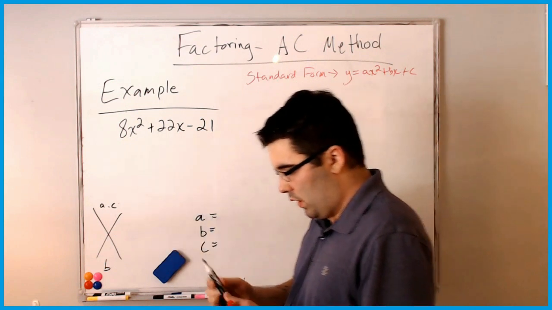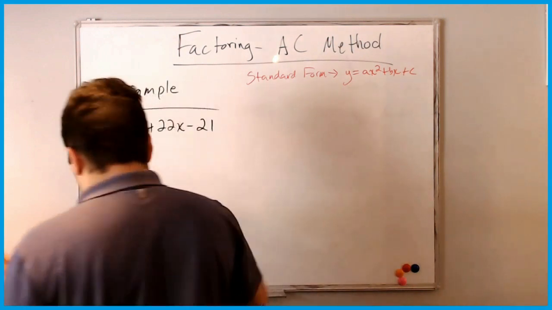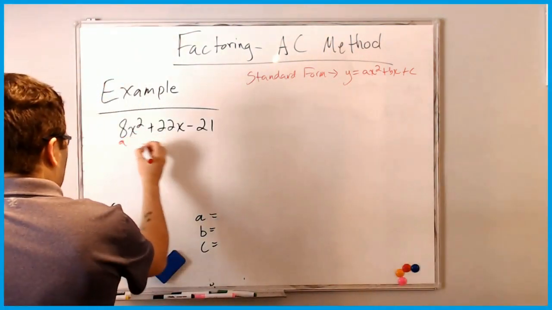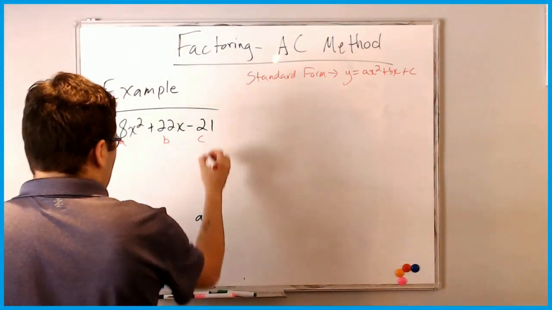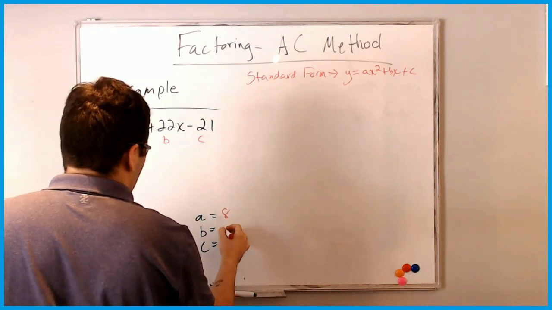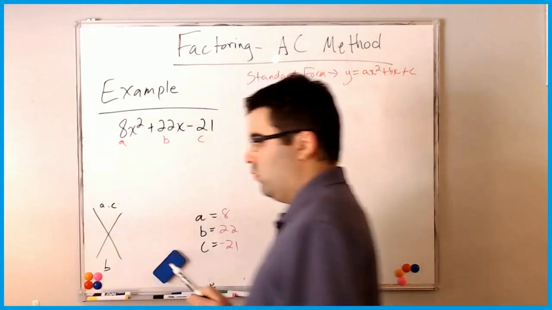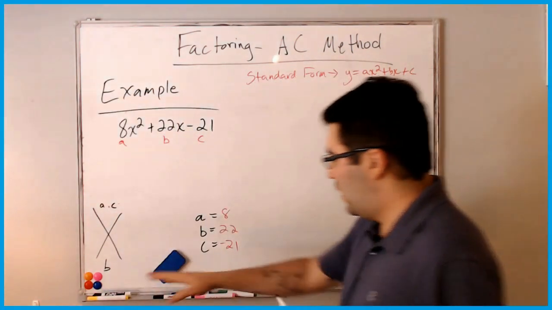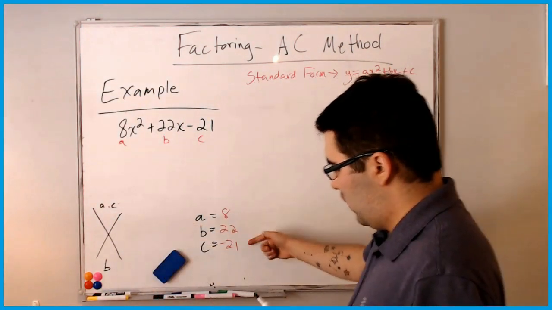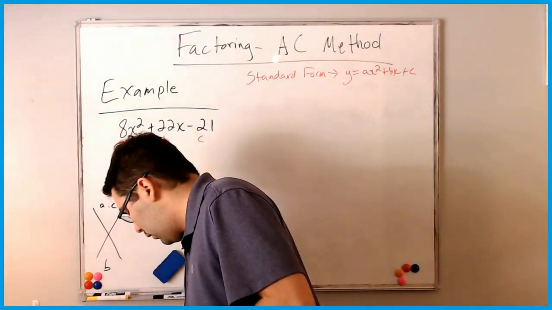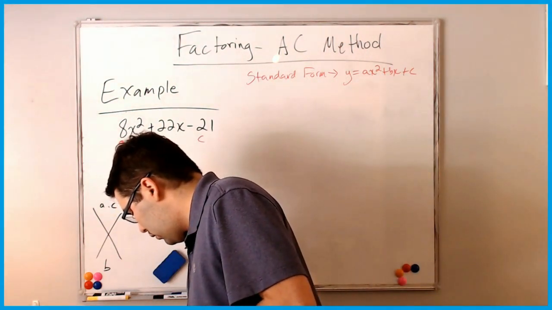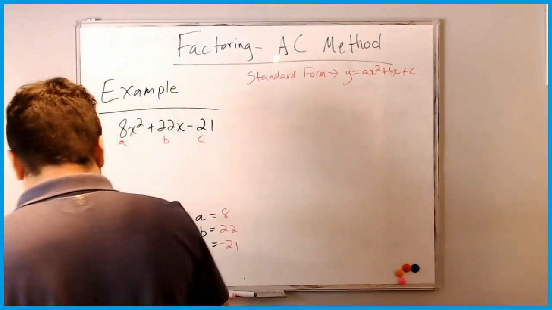So we're going to label this to find our A's, B's, and C's. A is 8, B is 22, C is negative 21. Okay, so again, A times C is whatever 8 times negative 21 is, which is not particularly nice. It's negative 168.